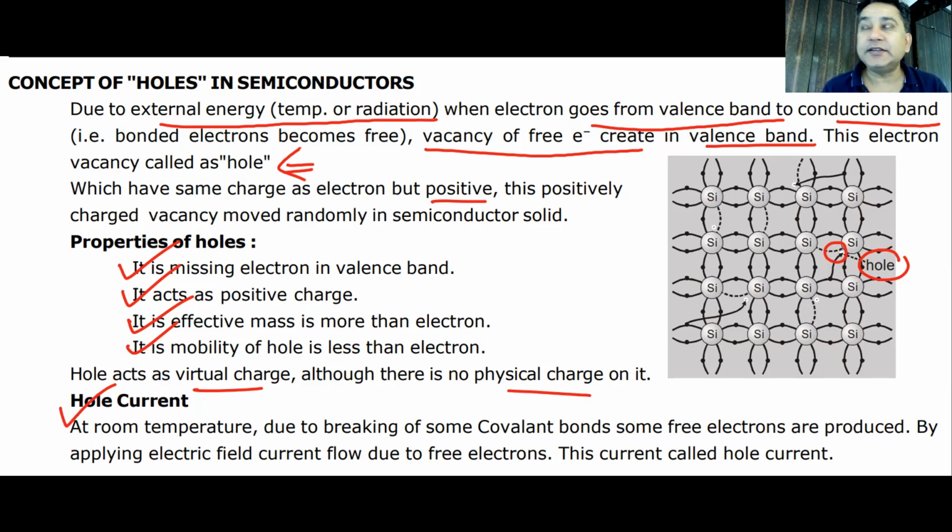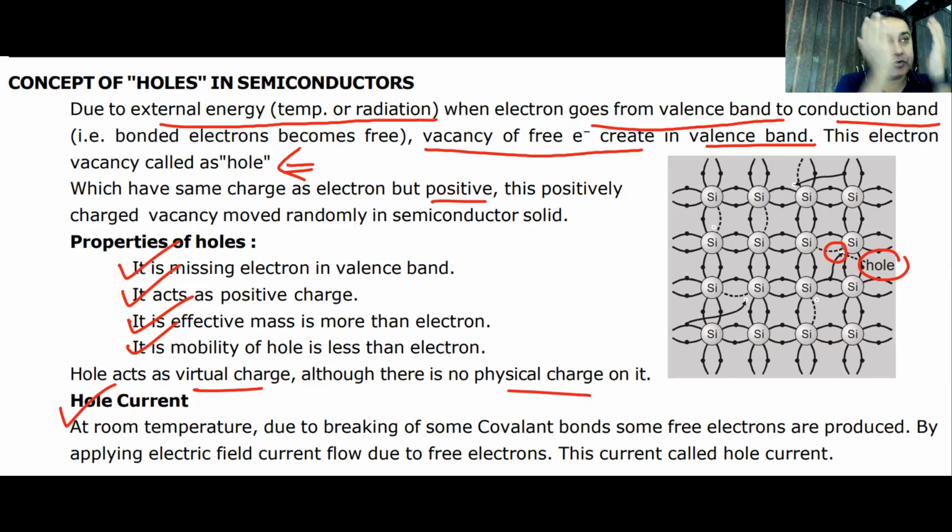How can I make this silicon and germanium more conductive? That is the question. Because in their original state, we call it pure silicon or pure germanium, a pure silicon crystal or pure germanium crystal.